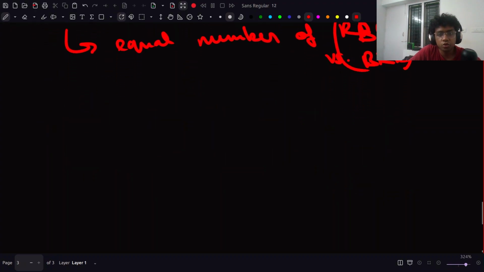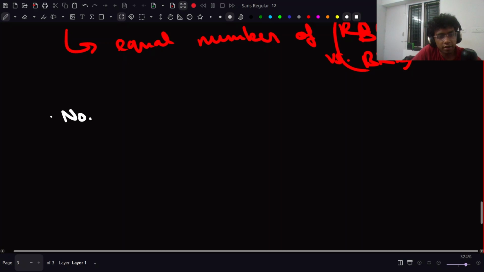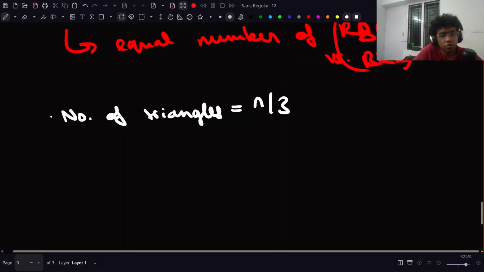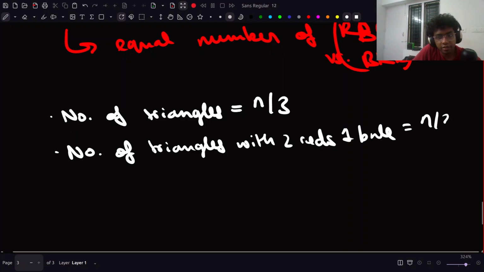So the number of ways to choose this will be how much? Let's just write it down. Number of triangles is equal to n by 3. So the number of triangles with two reds, one blue is going to be n by 3 divided by 2, which is n by 6, right?